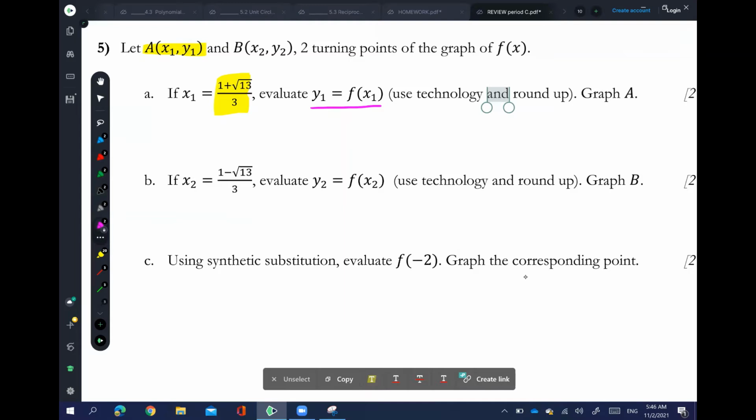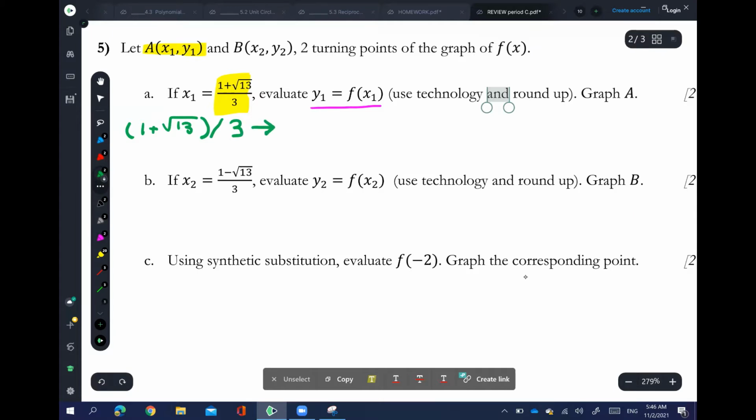So what you're going to do is type on your calculator 1 plus square root of 13, do not forget those 2 parentheses, divided by 3, and then use the store button to store that into x.